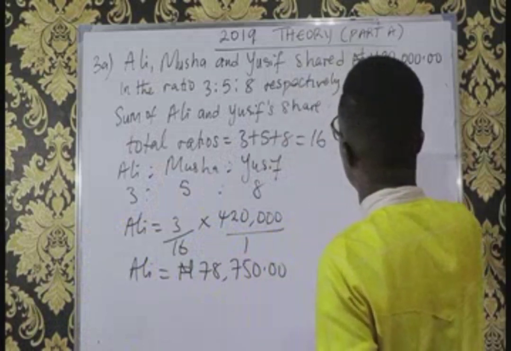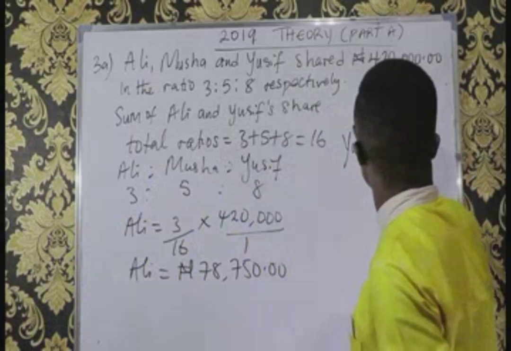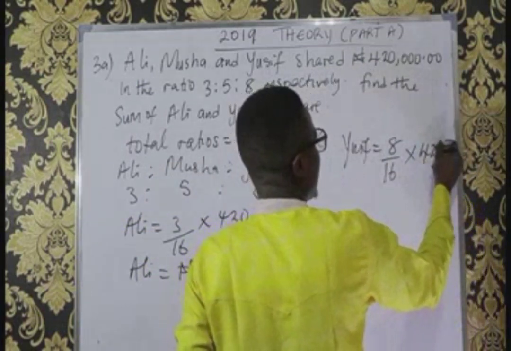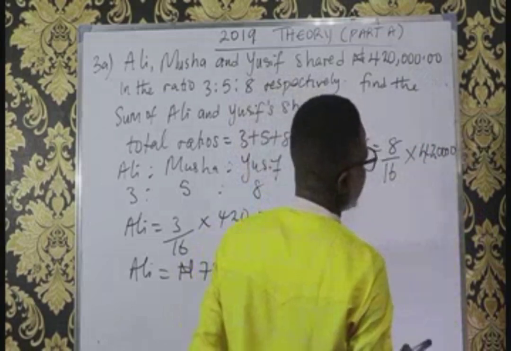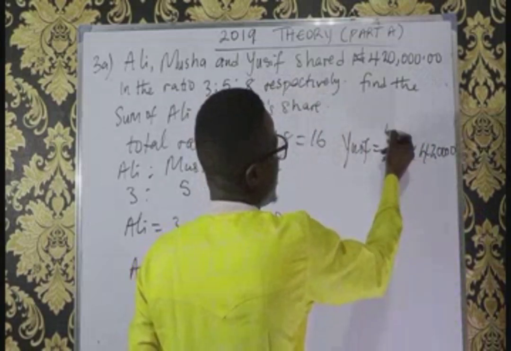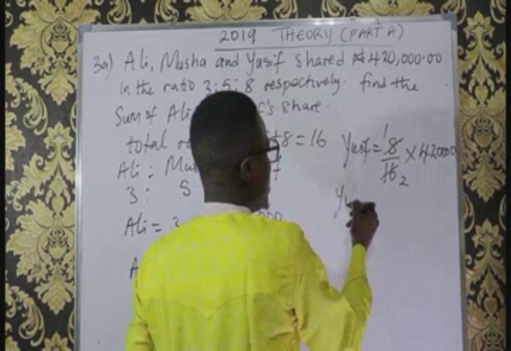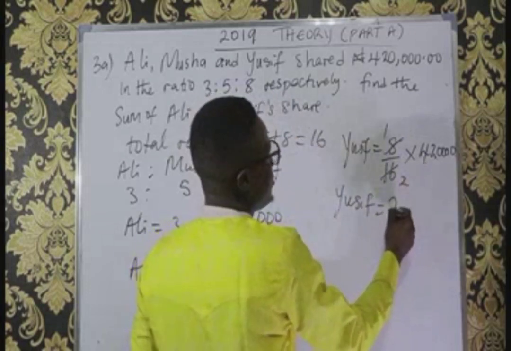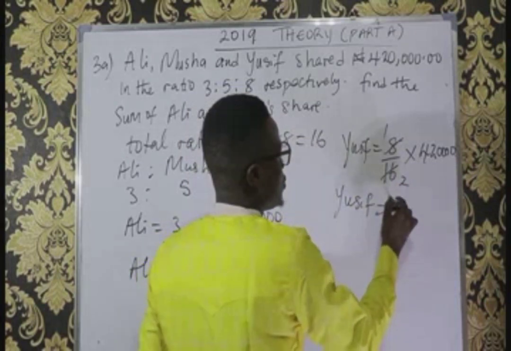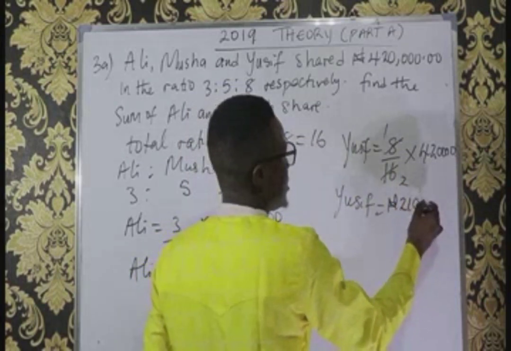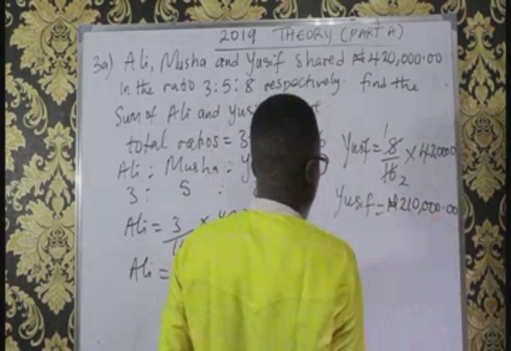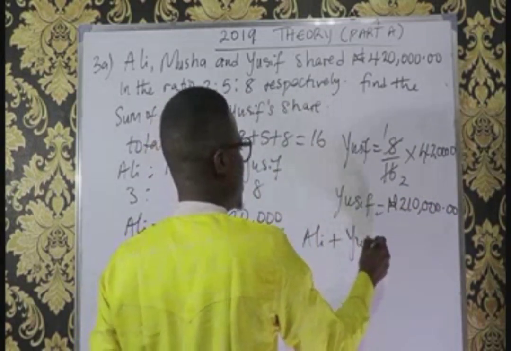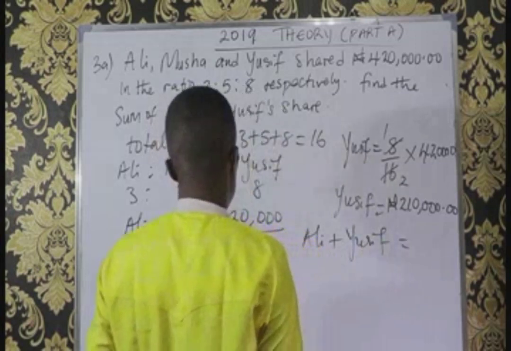Yusuf will have a ratio of 8 over total of 16 times 420,000 naira. Of course, 8 here is 1, 8 here is 2. So we need just to divide 420 by 2. That will give us 210,000 naira, no kobo.